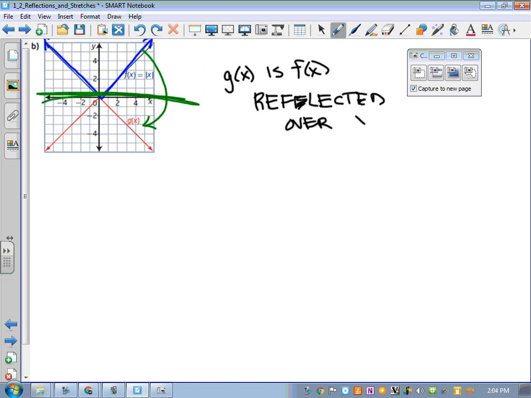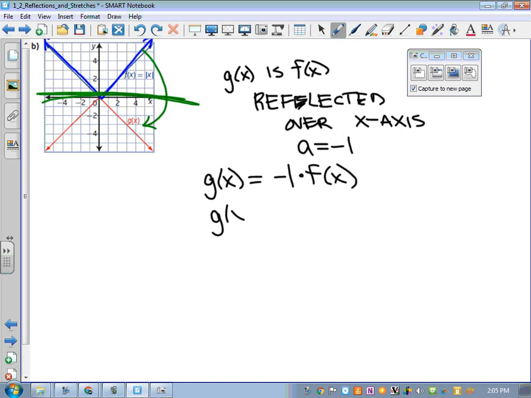And this is unfortunately part of the memorization required for function transformations, is that we have to know if we are reflecting over the x-axis, then my a parameter is -1, which means that g of x is equal to -1 times f of x. And because we know f of x, we're going to write that as -1 times the absolute value of x. That is not necessarily an exception, but there is no other way of describing that transformation. It has to be a reflection across that x-axis.